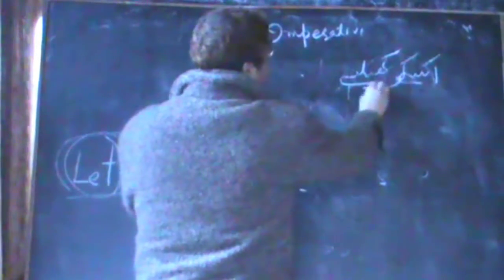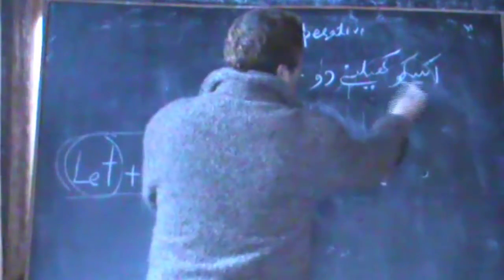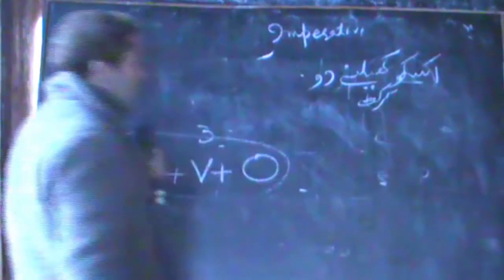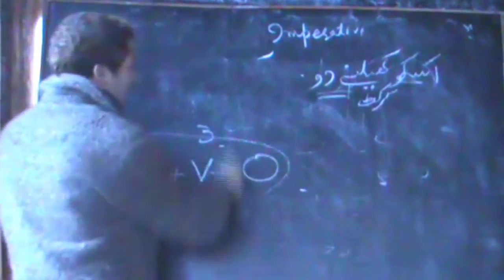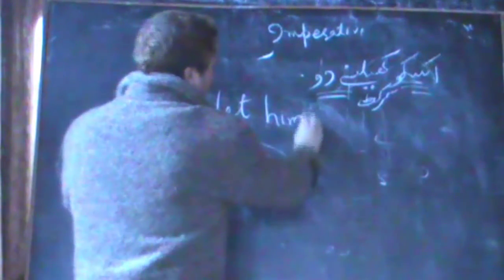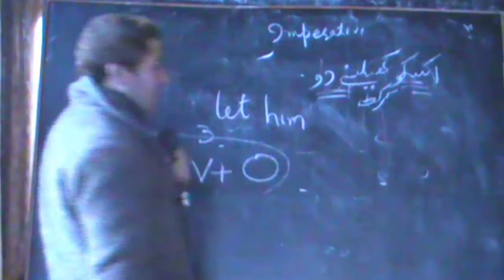The ne and do is at the end, so it's imperative. Or we can say usko cricket khelne do. In English we say cricket, and in Urdu or Kashmiri we say cricket. Let him play.